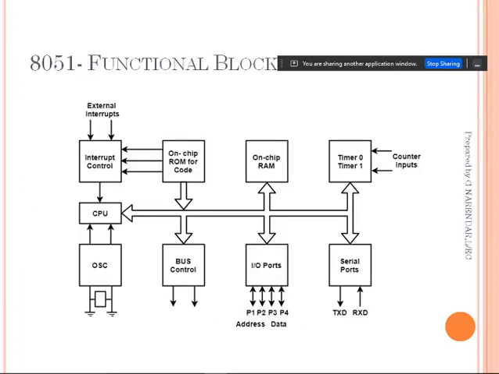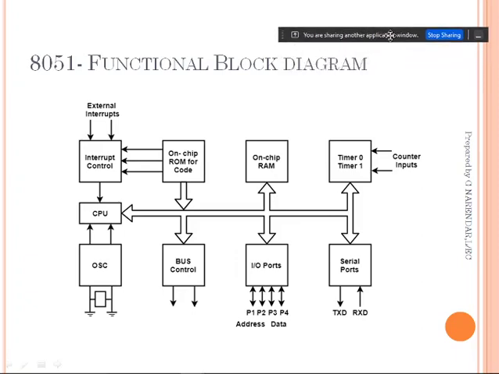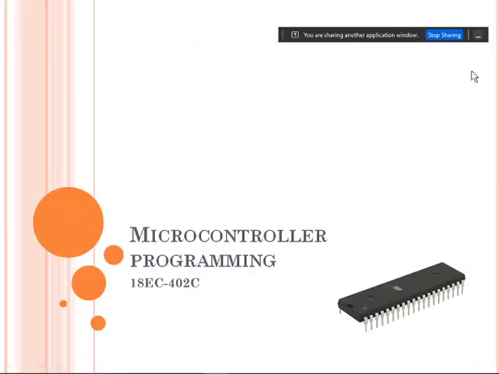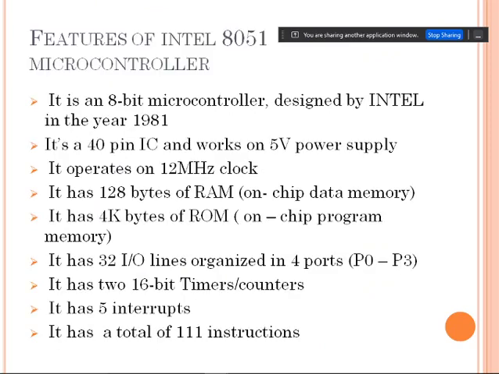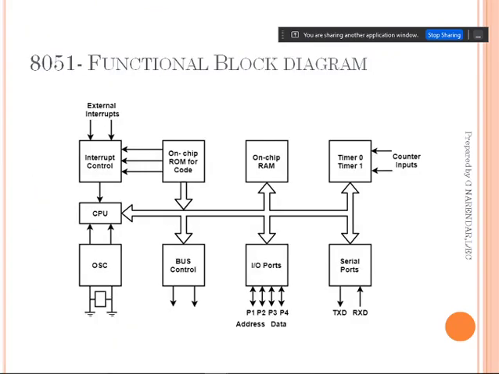Right, so next we'll go with the functional block diagram of 8051. See what we have shown here: an IC. And what is there inside the IC is circuits, a lot of circuits.